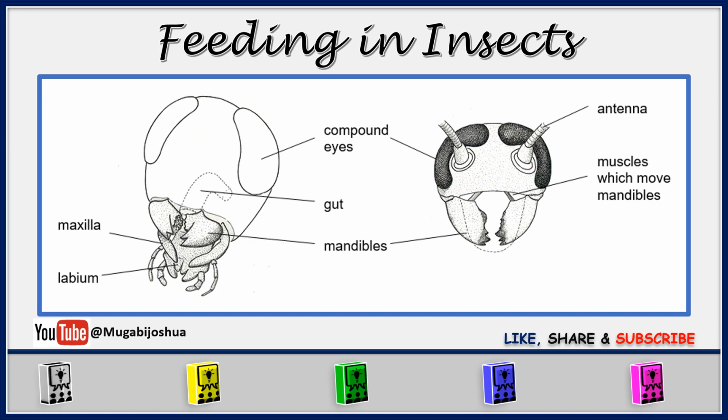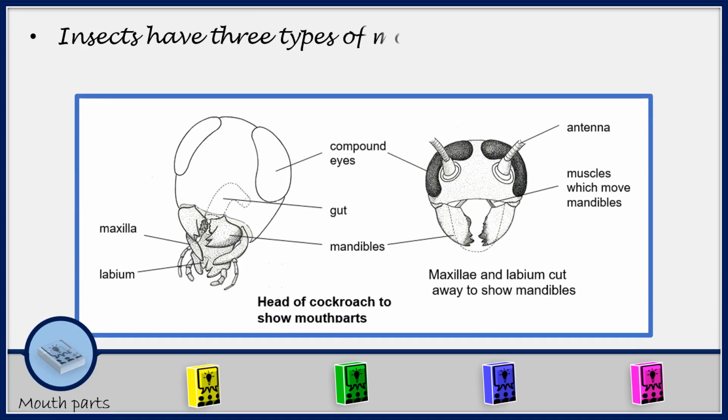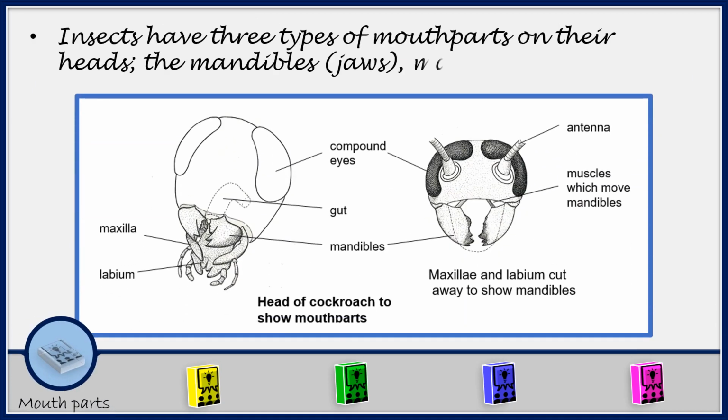Feeding in insects. We are going to look at feeding in insects. Insects have three types of mouthparts, and those mouthparts are found on their heads.